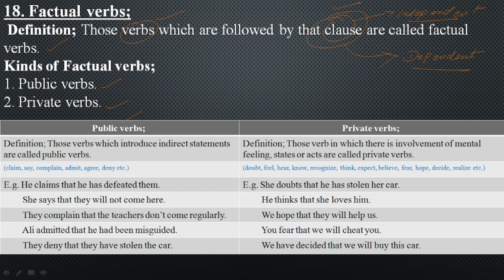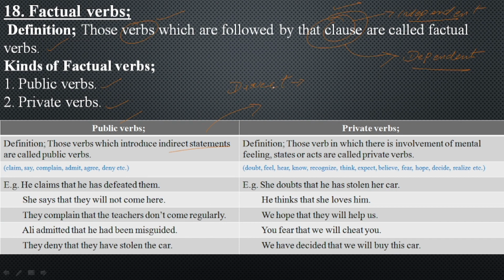Now what are indirect statements? Sentences can be of two types. The first one is known as direct speech or direct statement. In direct statement, we say the actual words of the speaker. For example: he says that he has defeated them.